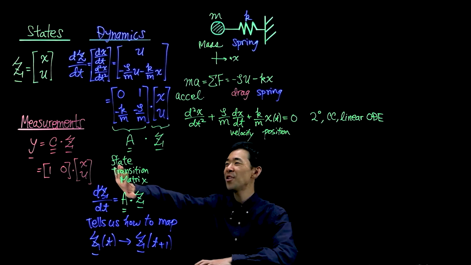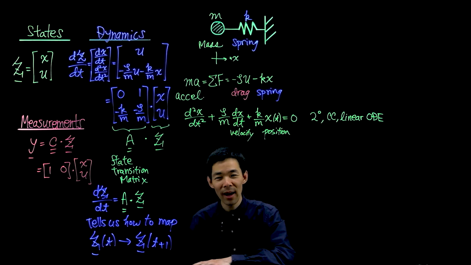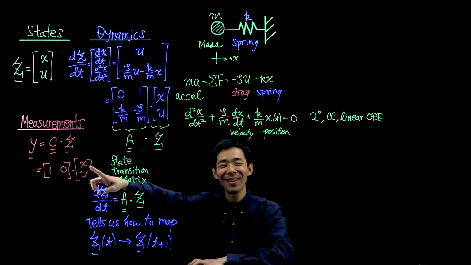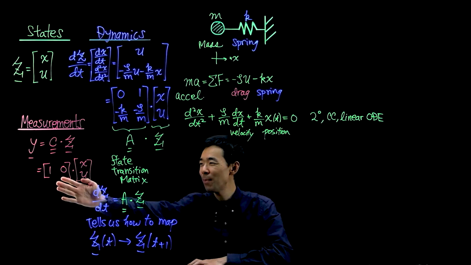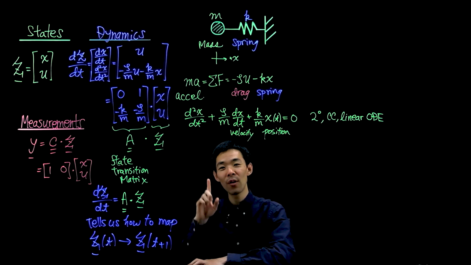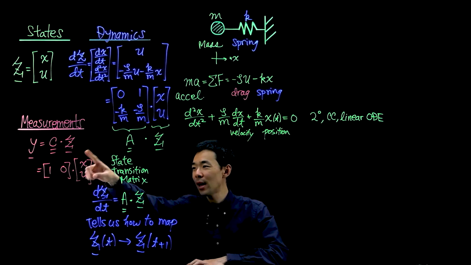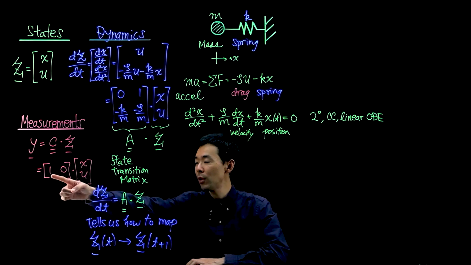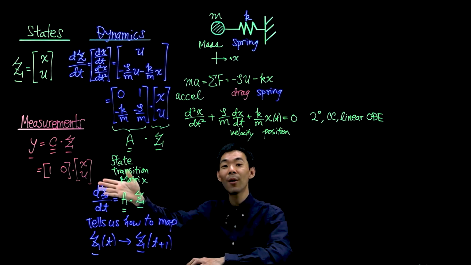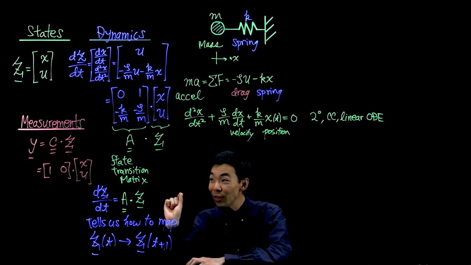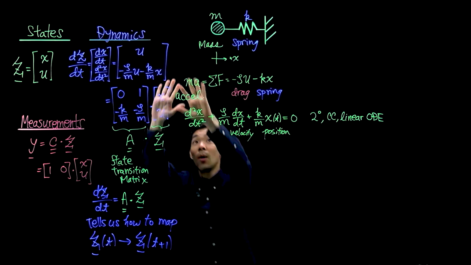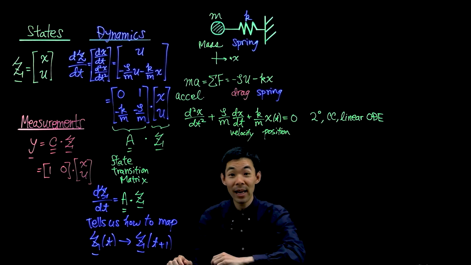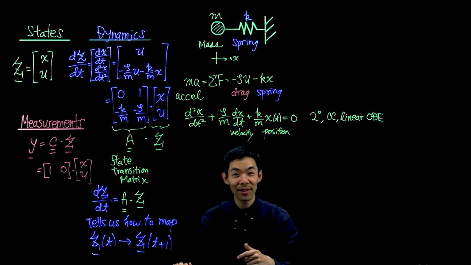Now your measurement y would only be your position, and therefore your measurement matrix would just be a row vector of 1 and 0 dotted into your states, x and u. Clearly, if you do the linear algebra calculation, you would pop out the x only. So you only have a measurement of x, but in reality your dynamics depend on both position and velocity.